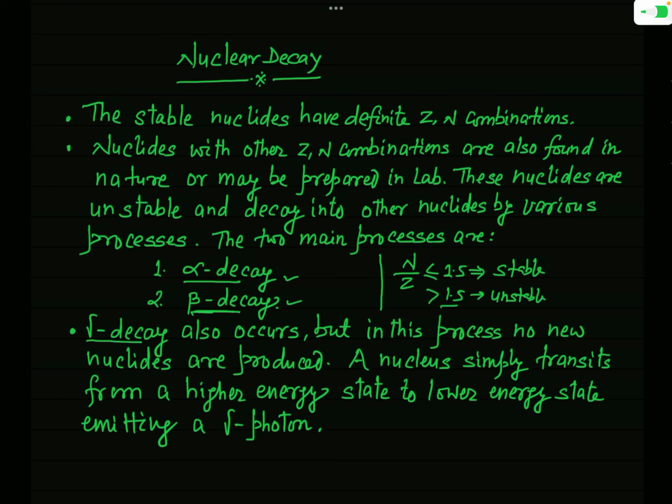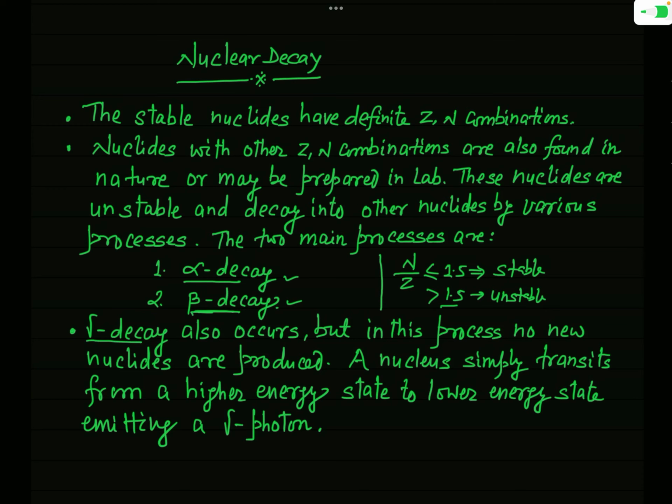During beta decay, again you get a new nucleus, called the daughter nucleus, which is stable. But when a nucleus suffers gamma decay, no new nucleus is formed. Only the energy state of the nucleus gets changed.